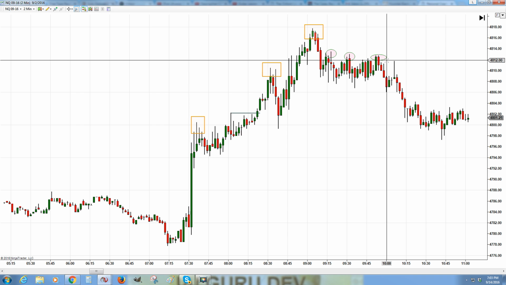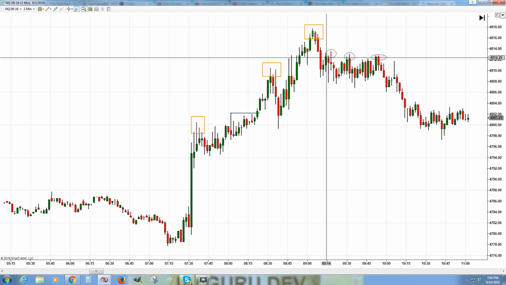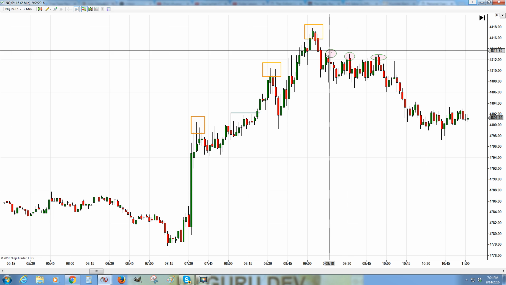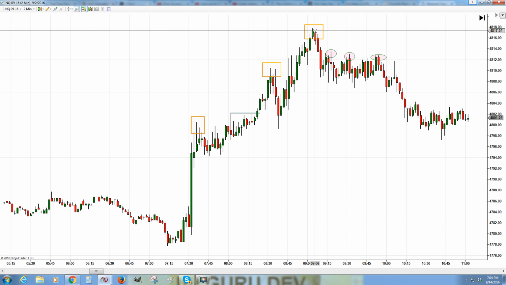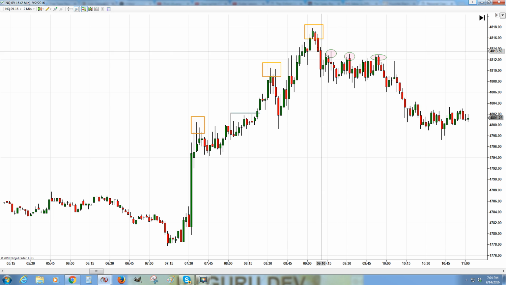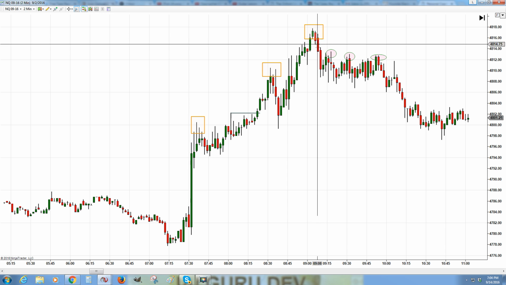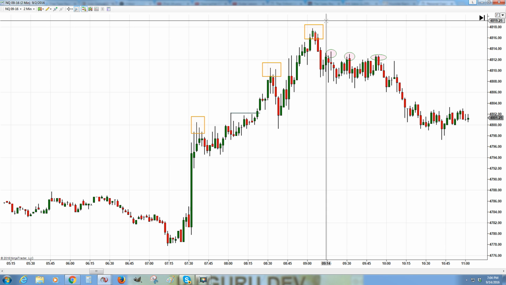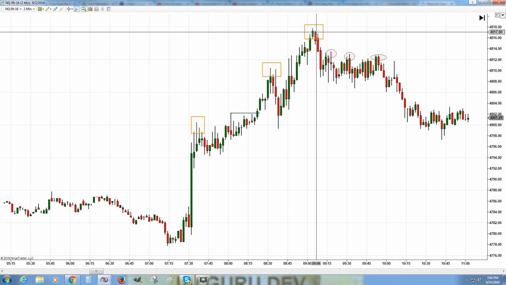So this is a structure technique that I use that comes up many, many times, sometimes 4 days a week, 5 days a week even, quite regularly, where when you get something that in retrospect becomes a high, you don't know in real time if that's a high or if it's going to rally again and go higher in a few bars at this point.